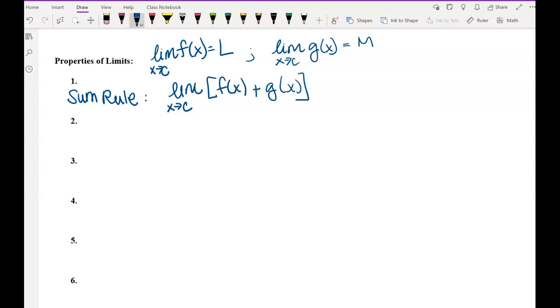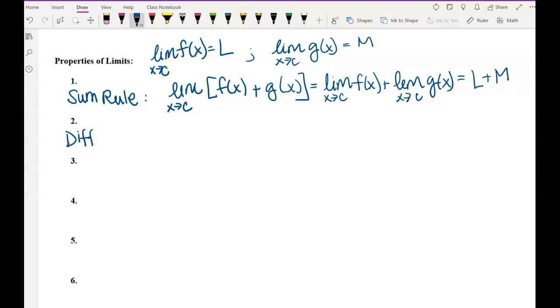In this, we can independently, students, find the limit of each function independently, then add them, if that's easier for us. That means whatever the answer is, the limit of f of x as x approaches c is going to be L. The limit as x approaches c of g of x equals m. Therefore, we can just add the two answers.